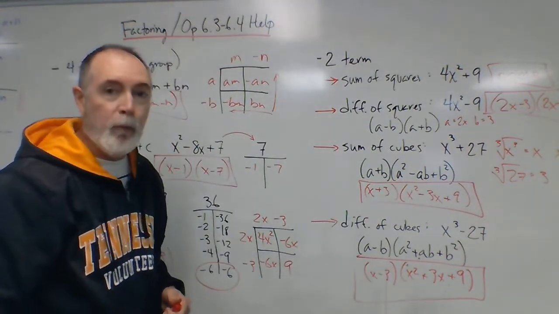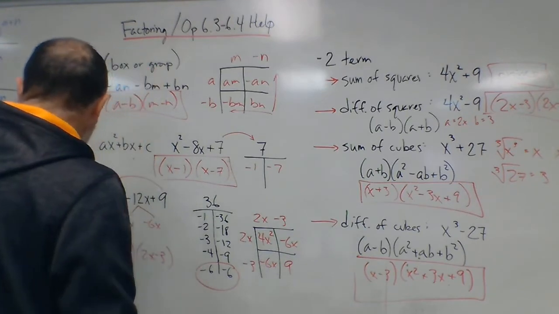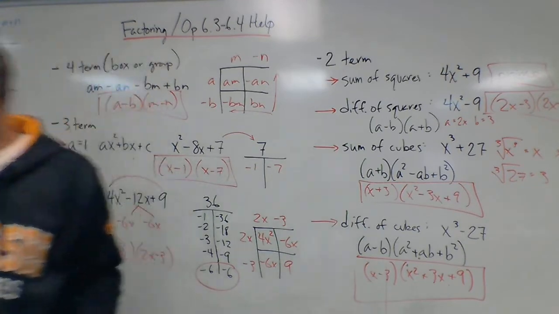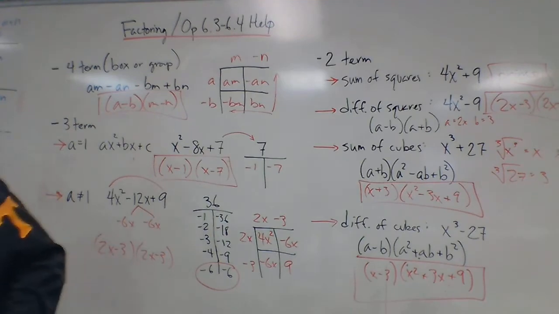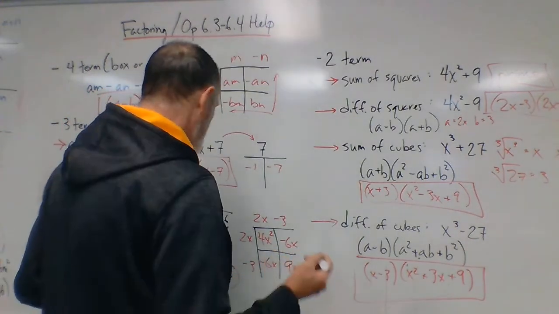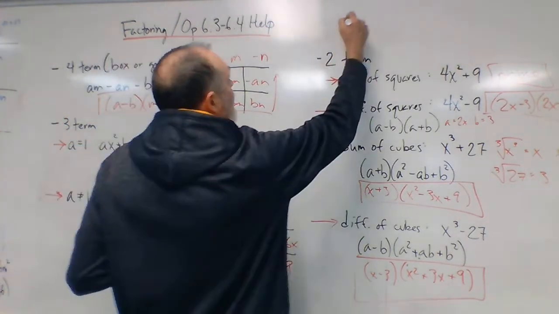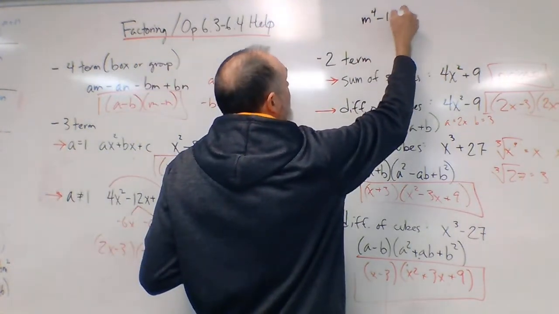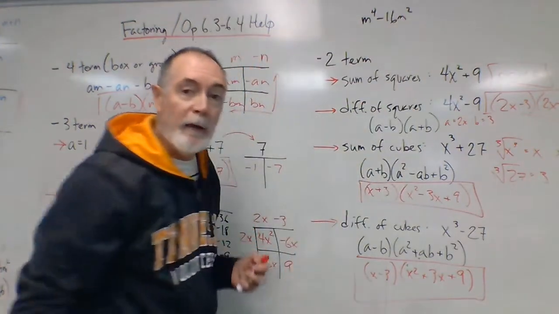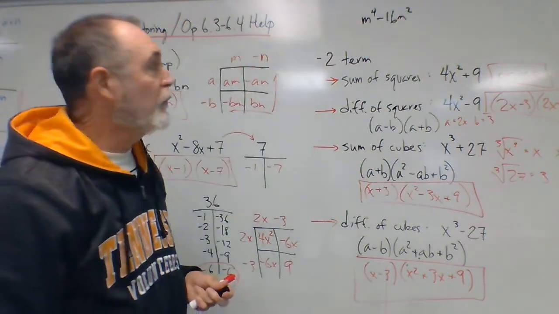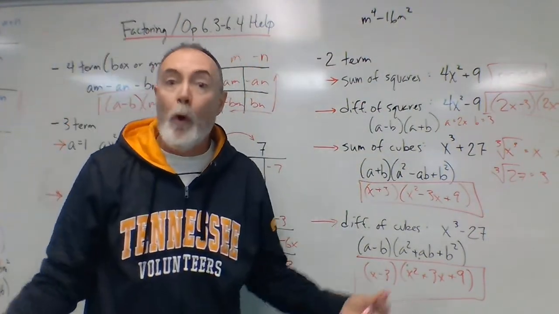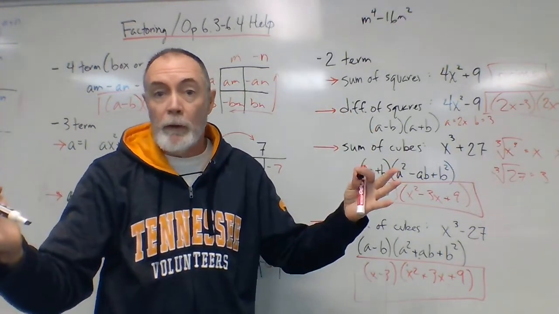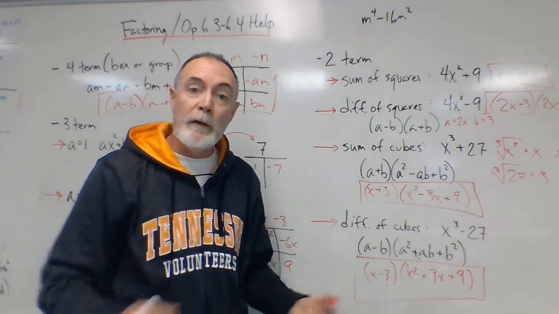Now let me bring up one other thing. If I had something, for instance, let me find a different marker. If I had something like this, m to the 4th, and you might encounter something like this on the ops, maybe on this op or elsewhere. Okay, the first thing you always look for is, is there a greatest common factor that I need to factor out?